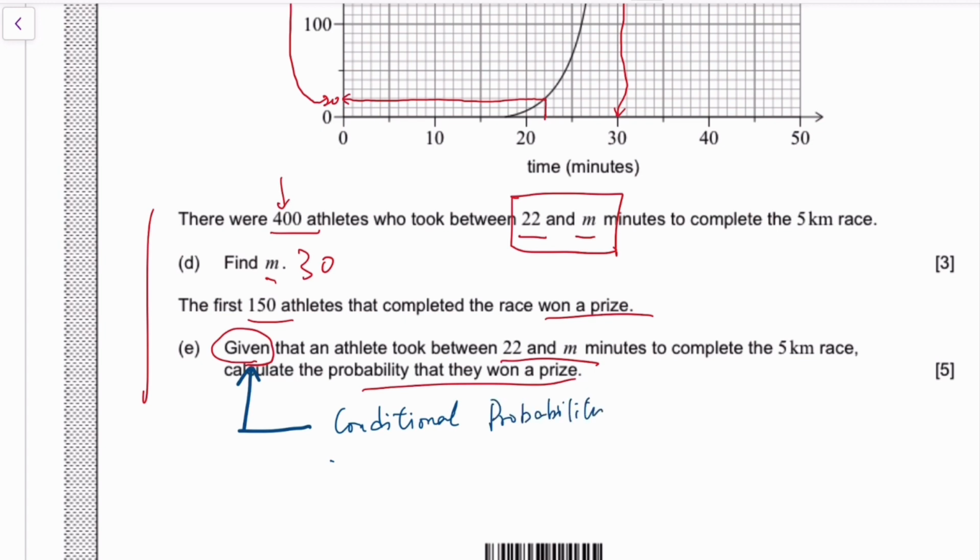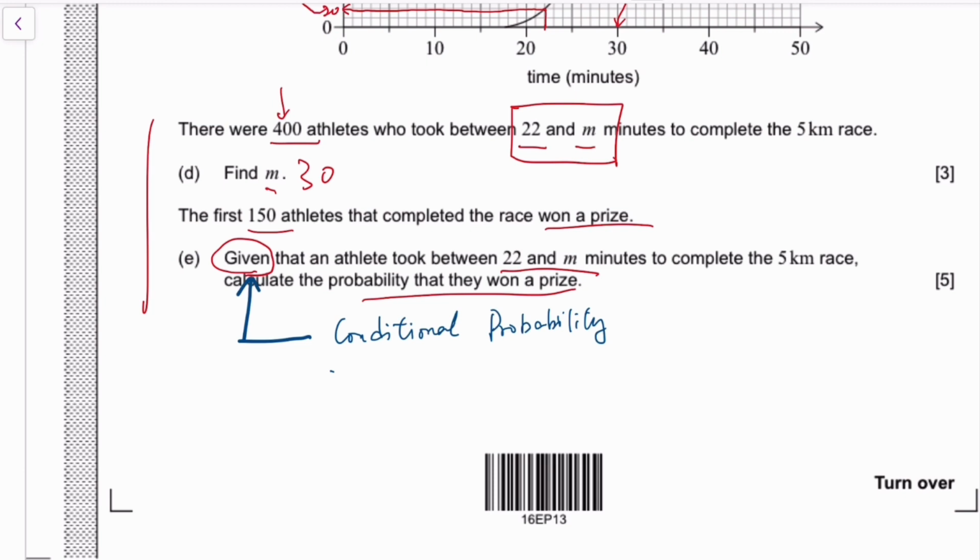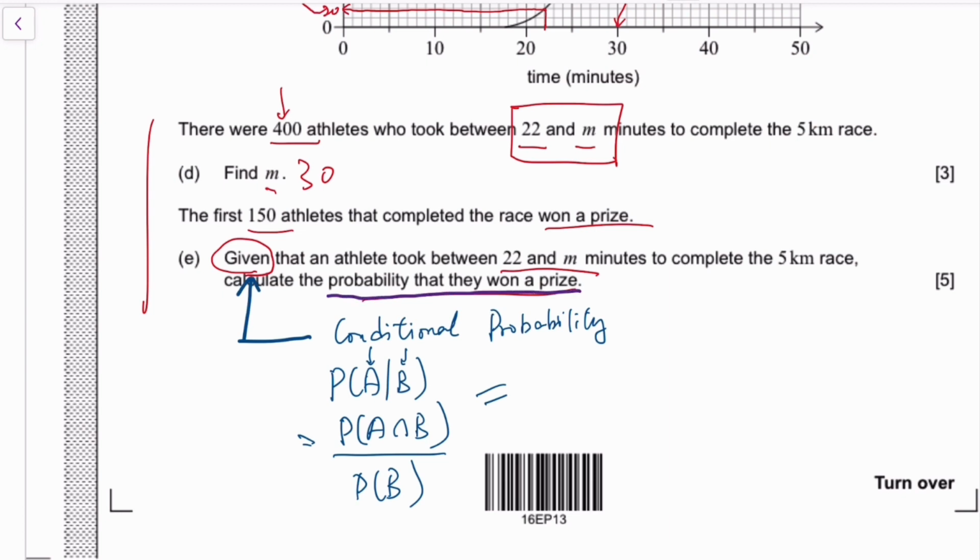To do conditional probability, you need to use the conditional probability formula. So if you go to the formula, it says the probability of A given B is the probability of A intersect B over the probability of the given thing. So A is what they're looking for, B is the given thing. So this time, the A is the probability that they won a prize.